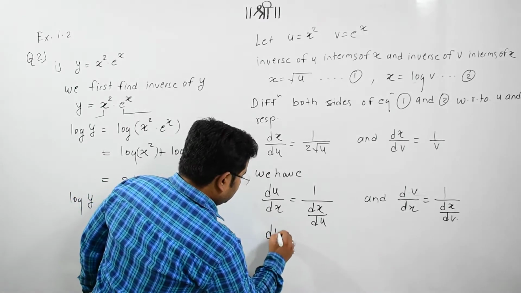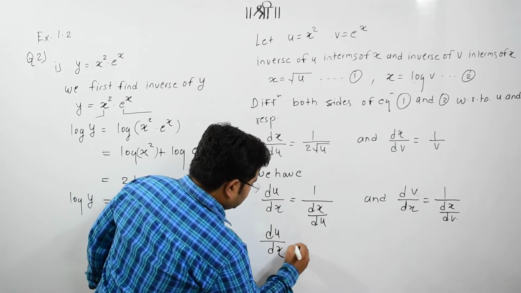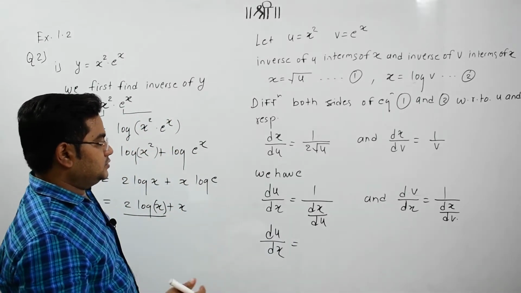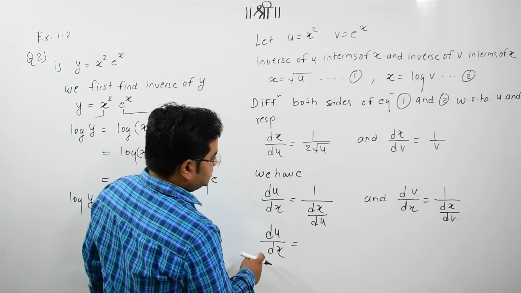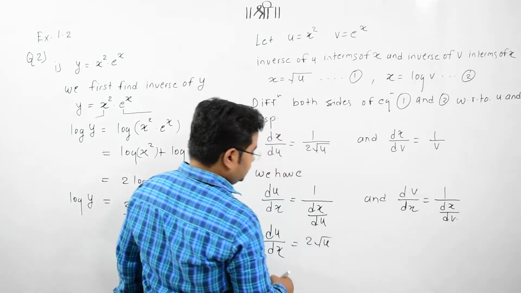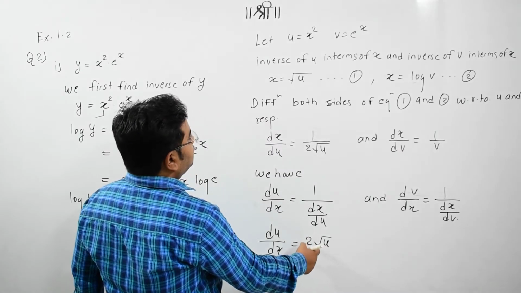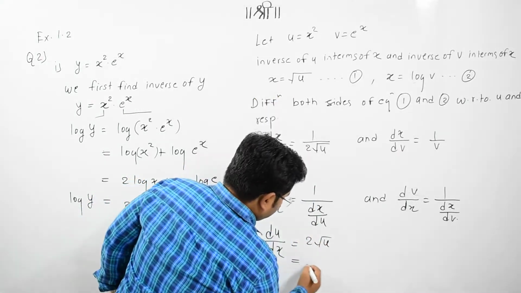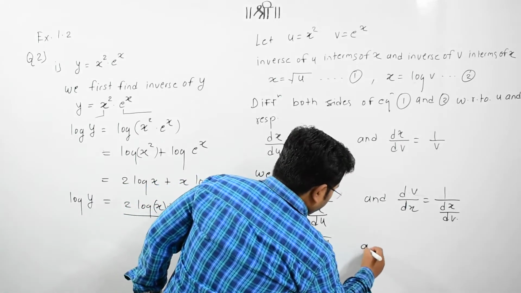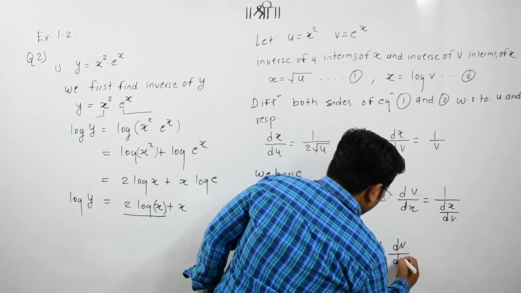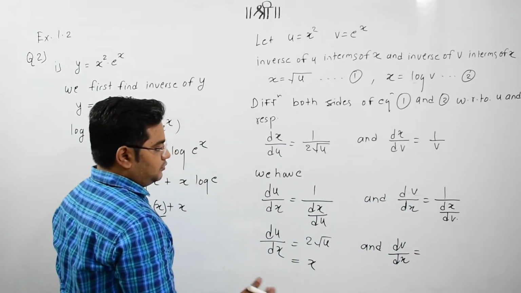So du upon dx is equal to 2 under root of u. The value of under root of u is nothing but x.